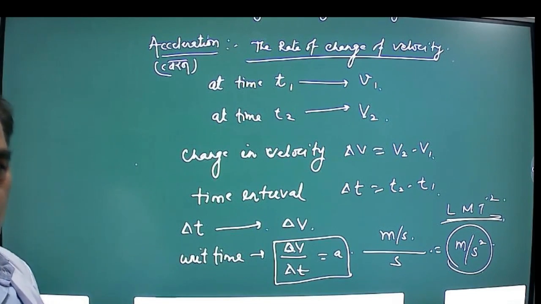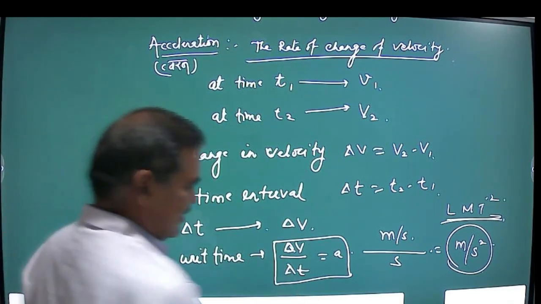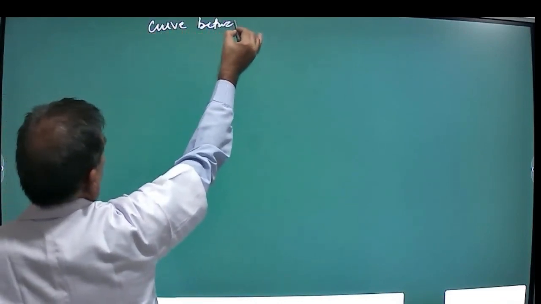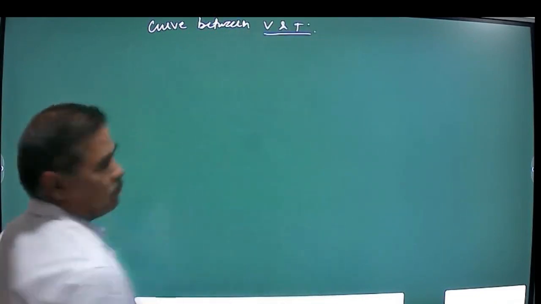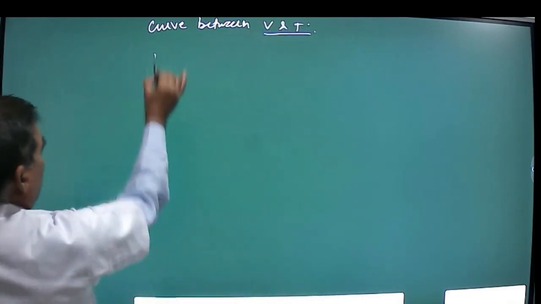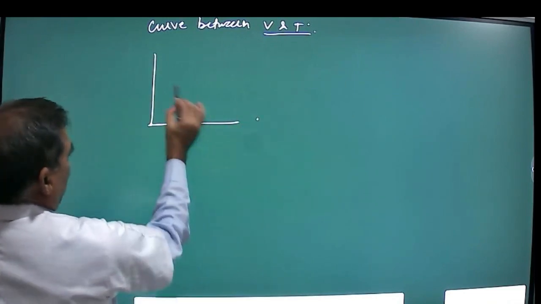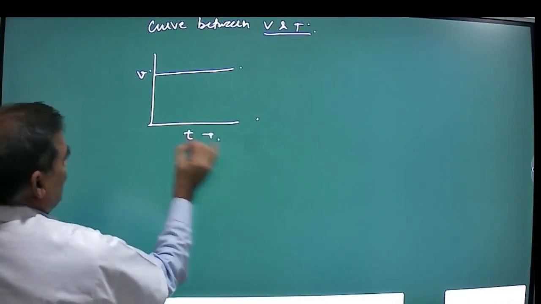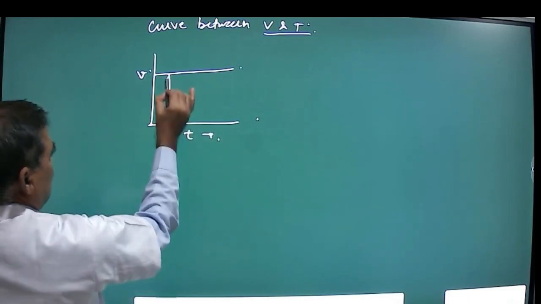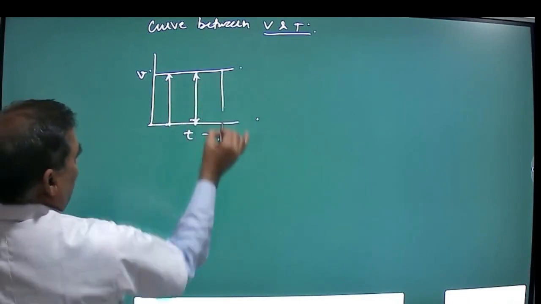You can also show the velocity-time curve for acceleration. Curve between V and T, velocity-time curve. If the curve is like this, this is the velocity, this is the time. So see here, the velocity is constant at every moment of the motion.